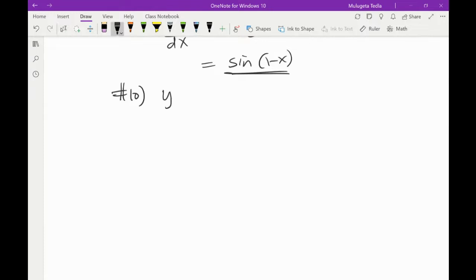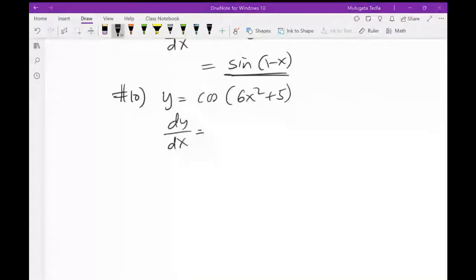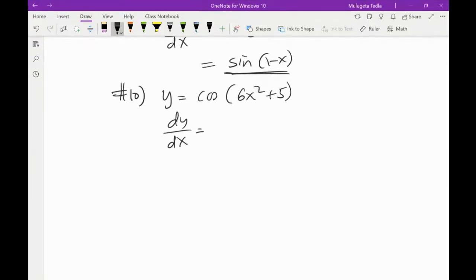So y equal to cosine of 6x squared plus 5. What is dy by dx? Of course, the derivative of sine is cos. The derivative of cos is negative sine. So the derivative would be negative sine of the angle.